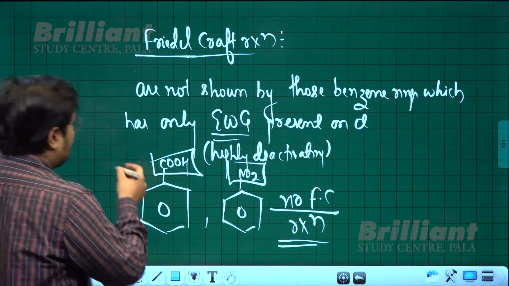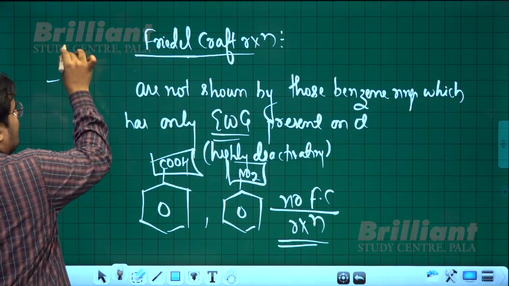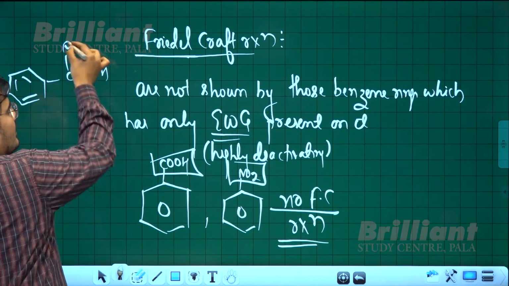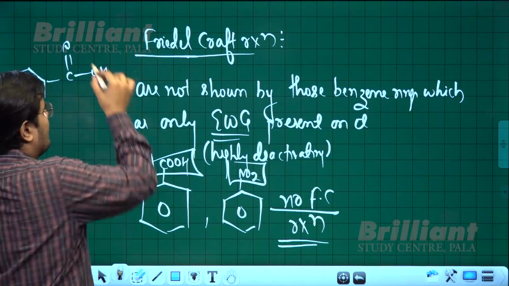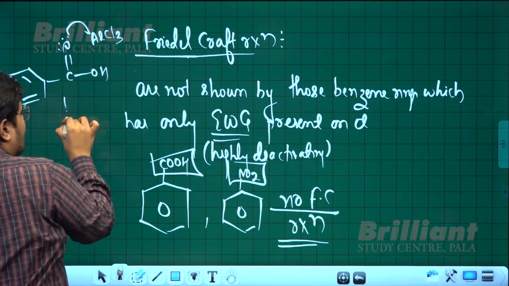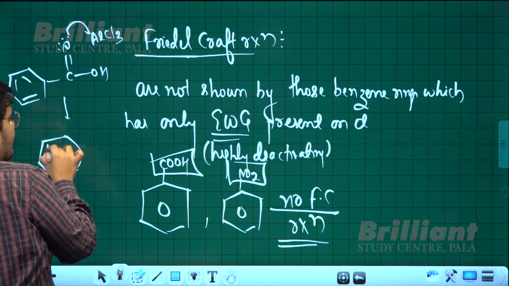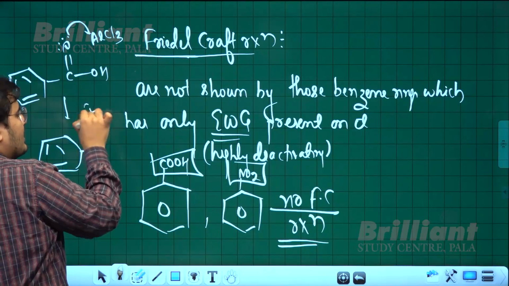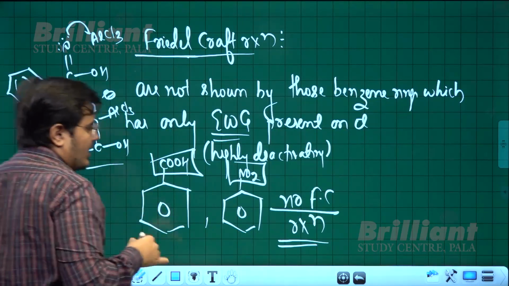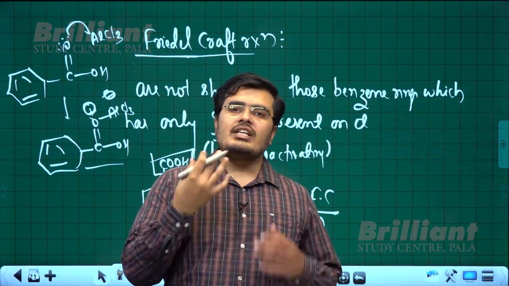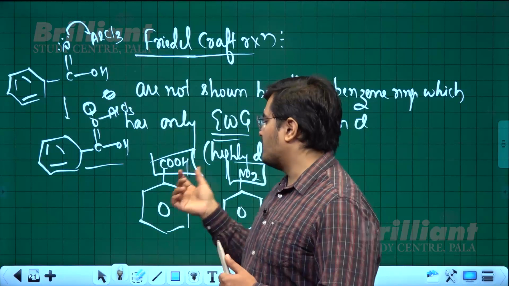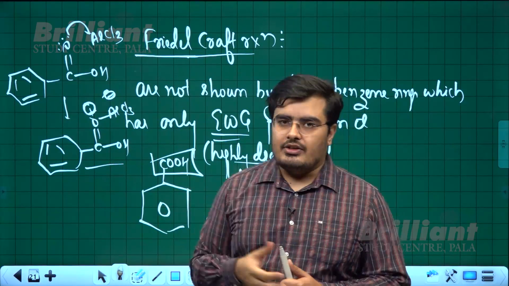In benzoic acid, what more happens is that the carboxylic group, which we know deactivates, sometimes combines with AlCl3 and becomes even more deactivating, which again limits its use as a substrate in the Friedel-Crafts reaction. So you have to be careful: rings which contain only electron withdrawing groups do not undergo Friedel-Crafts reaction. Examples are benzoic acid and nitrobenzene.